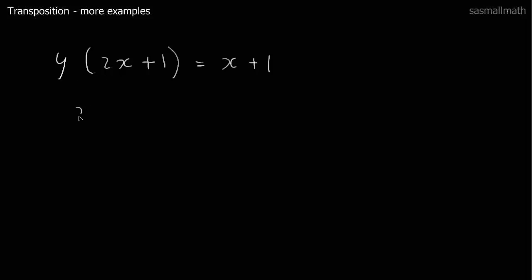So that gives us 2yx plus y equals x plus 1. Now we want to get all the x's on one side, so we'll move this y to this side and we'll bring the x this side. See what we get. So we've got 2yx and we'll bring the x over.